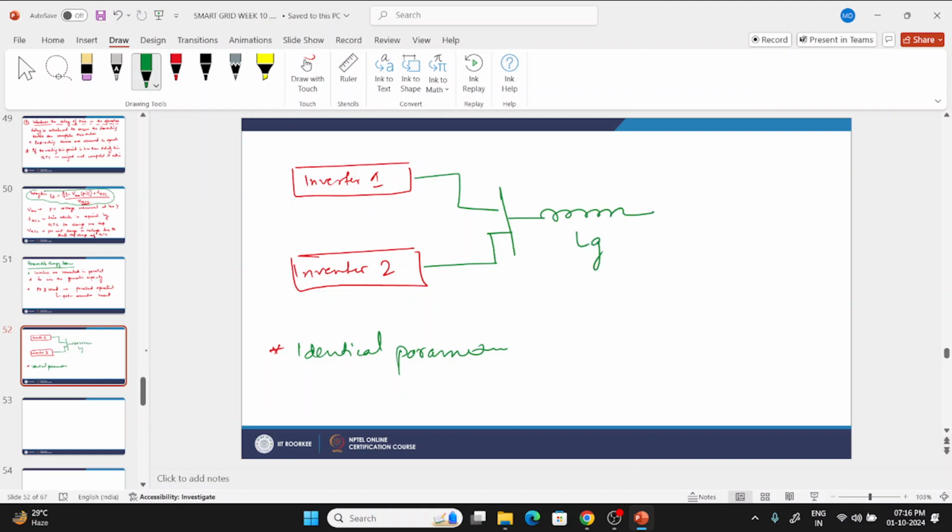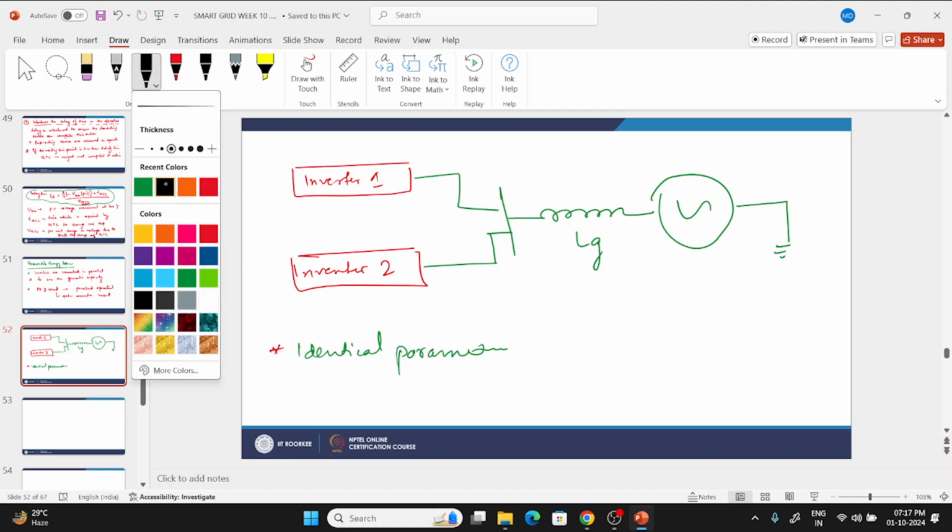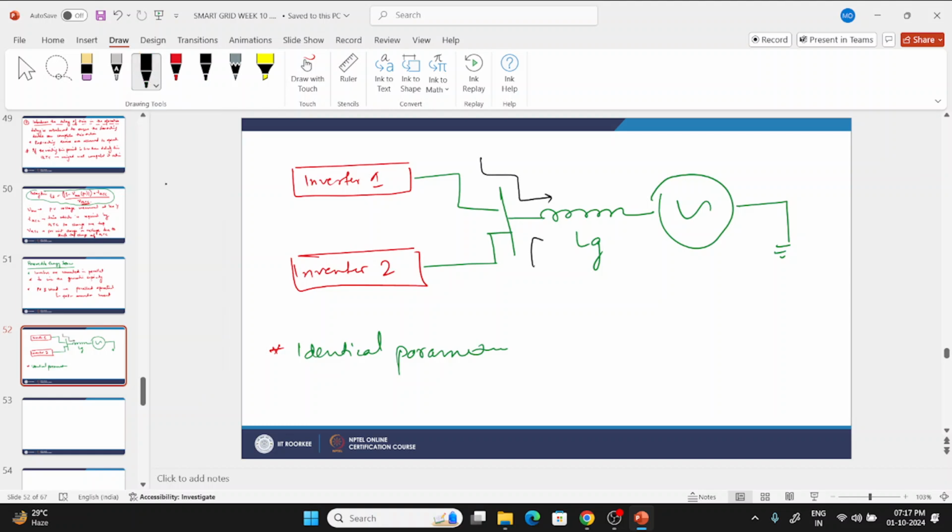This is grid inductance. This is V_G. Okay. So here there are two types of current. One is a common current, which I will show here, and another type of current also flows, which is interactive current.